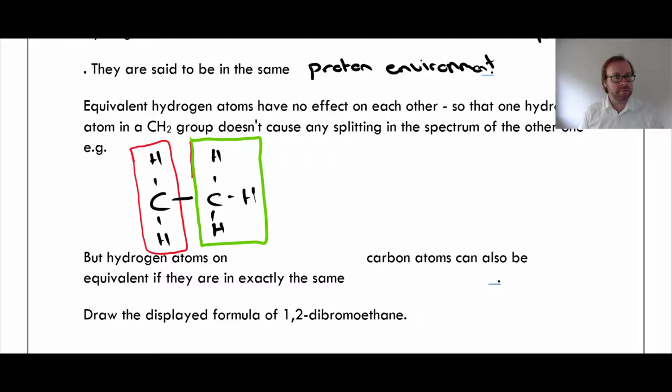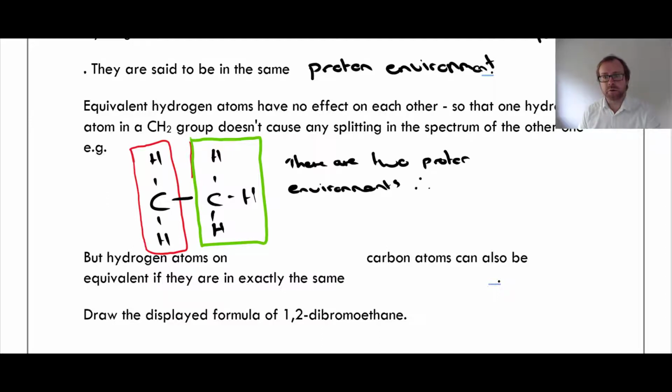So in this example, there are two proton environments, therefore two peaks on the NMR spectrum. And this is only an example. Obviously, this isn't a full organic molecule.